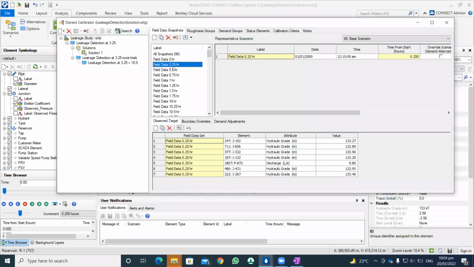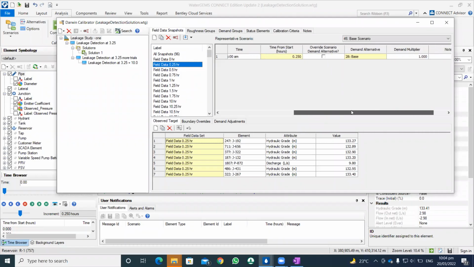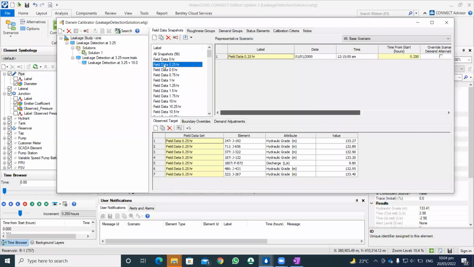That depends on you, but it should be defined in a way that is understandable for everyone working with you. For example, at 0 hour, that type of grade data has been obtained for these specific nodes and the discharge for the specific pipe. So these are the data obtained for the different junctions and pipes at different time intervals.